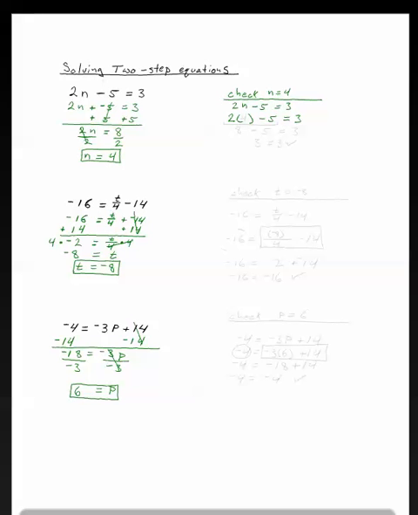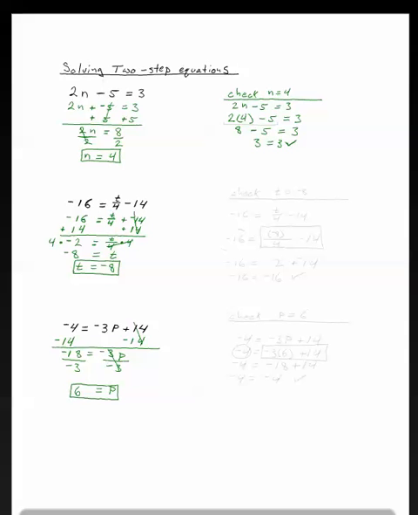Now, I plug in 4 for n, and just follow the order of operations. So 2 times 4 is 8 minus 5 equals 3. And 8 minus 5 is 3. So we get 3 equals 3, which checks.